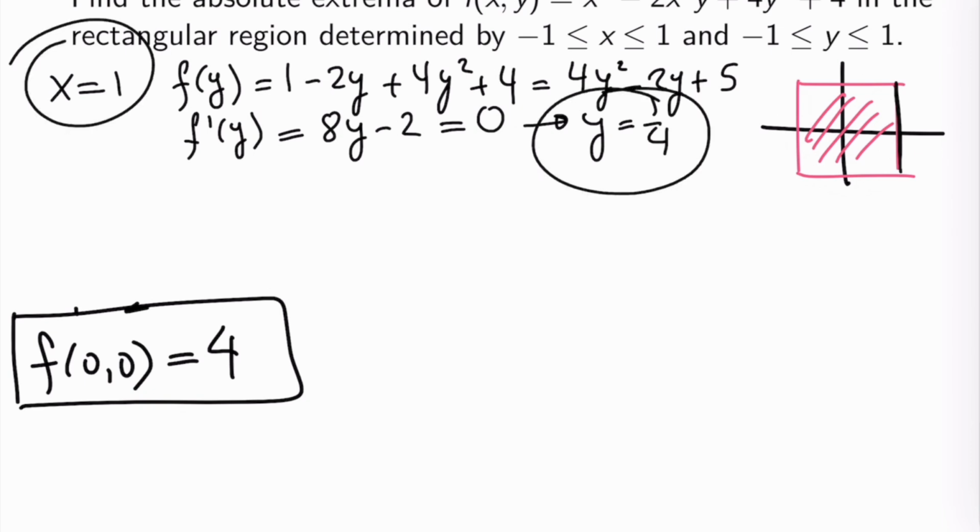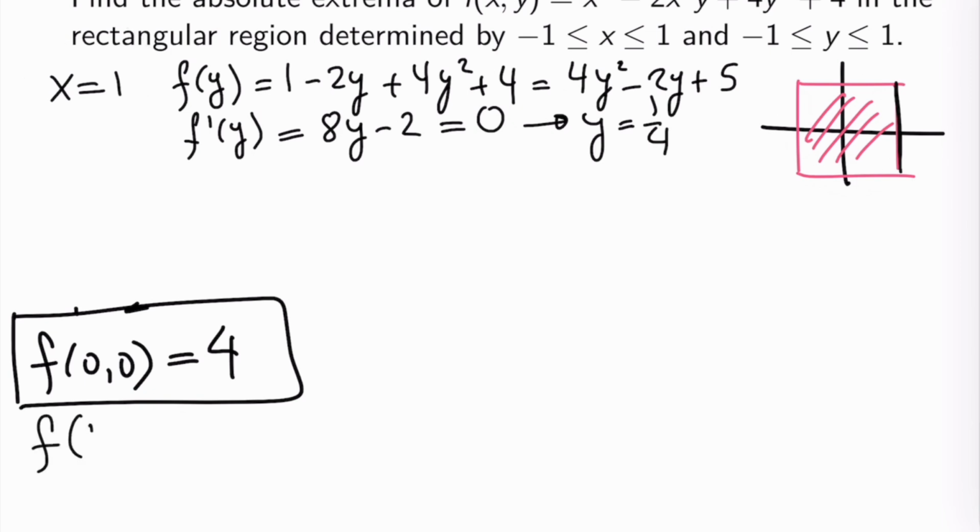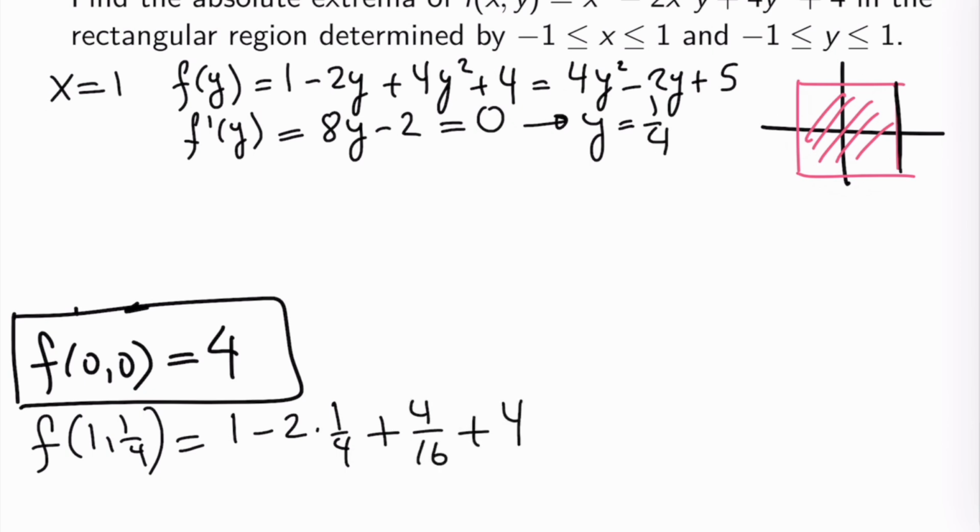1/4. So let's add that to our list. Evaluate f at (1/4, 1)... we plug in x equals 1/4, y equals 1, and so we get that this is equal to 1 minus 2 times 1/4 plus 4 over 16 plus 4, which equals 5 after combining like terms, minus 1/4, which is 20 minus 1 over 4, that is 19/4.